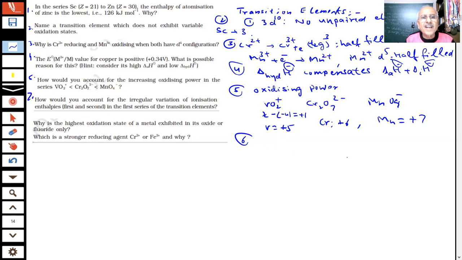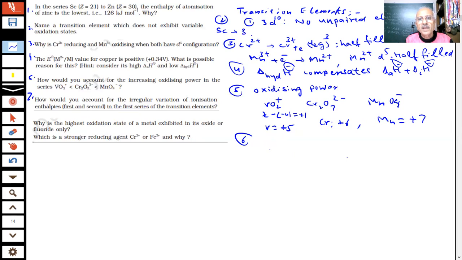How would you account for the irregular variation of ionization enthalpies, first, second? We have answered this question earlier also. Ionization enthalpies depend on what factor, students?